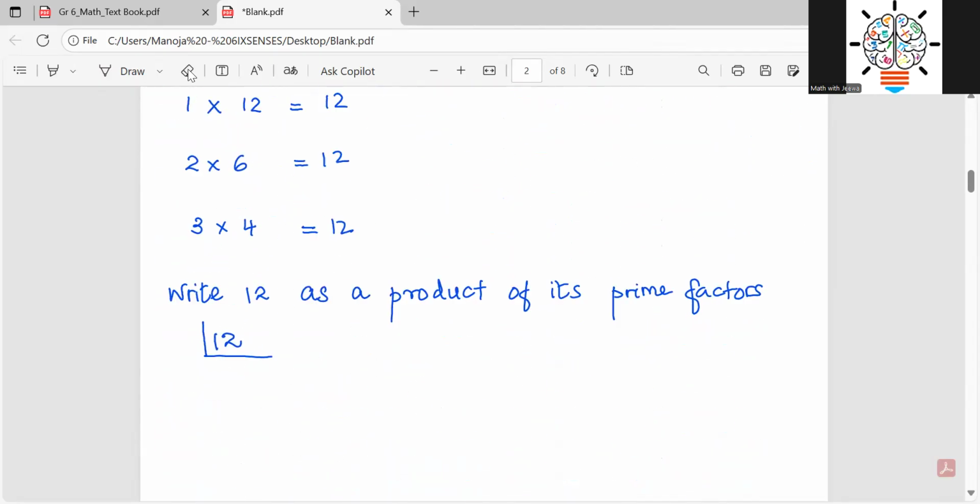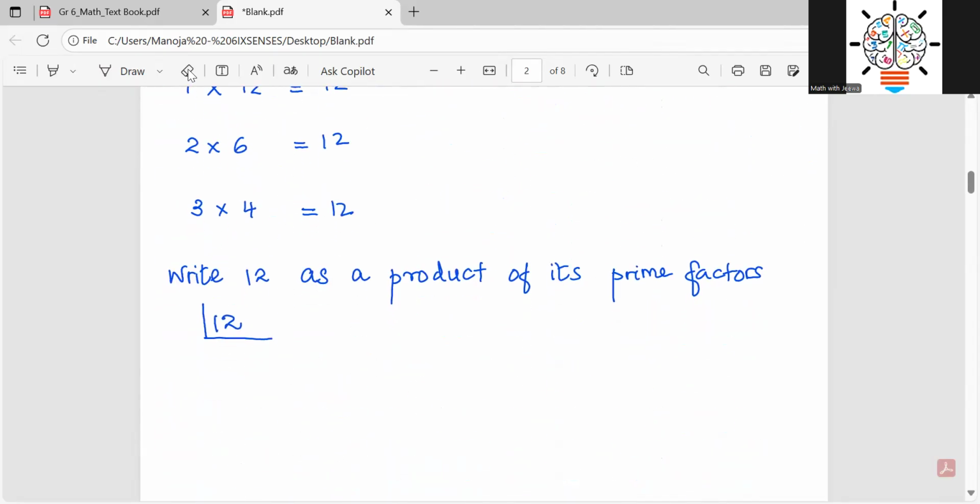Out of those numbers, you pick the prime numbers or the prime factors. What you do, children, when you want to write 12 as a product of its prime factors, you select this 12 and divide by 2, right? 2 times 6. Again you can divide this by 2 because 6 is divisible, giving 3. Then 3 you can't divide by 2, therefore I divide by 3 and it is 1. Therefore I can write 12 is equal to 2 times 2 times 3.